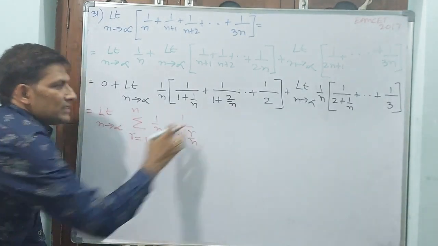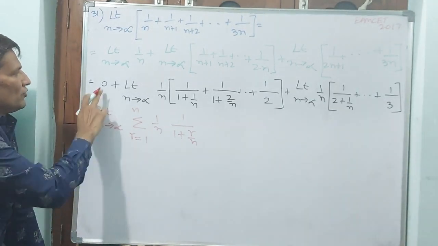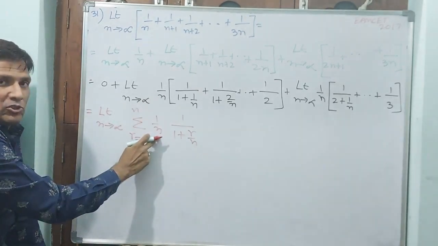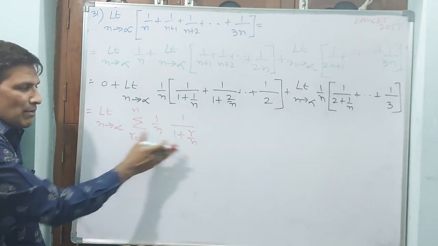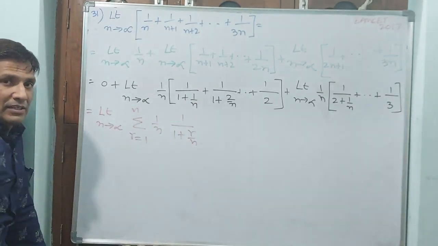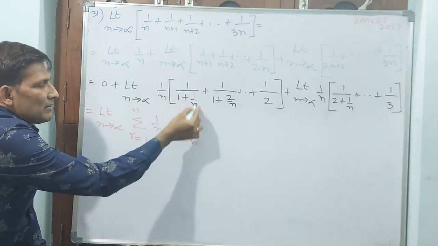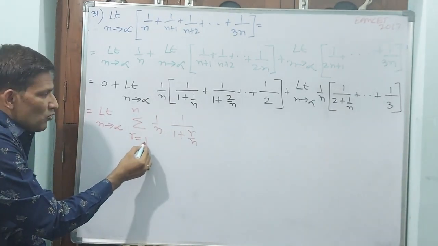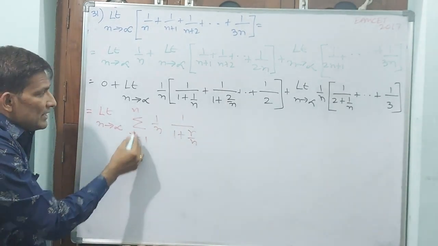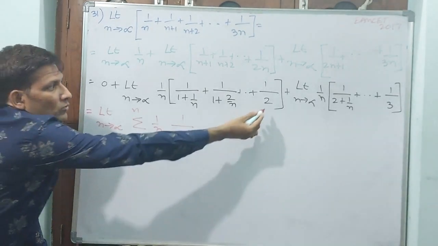Now you need not write all this. First observe what I have written. This is 0, I have not written. Limit n tends to infinity, 1 by n, and sigma summation I am doing, r is equal to 1 to n, r by n. First term, r is equal to 1, 1 plus 1 by n. Next term, r is equal to 2, 1 plus 2 by n. Last term, r is equal to n, 1 plus n by n, that means 1 plus 1, 2.